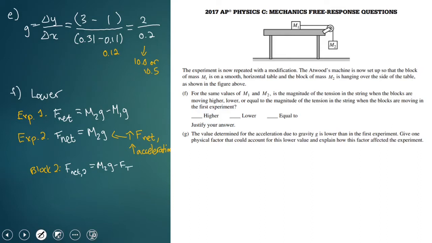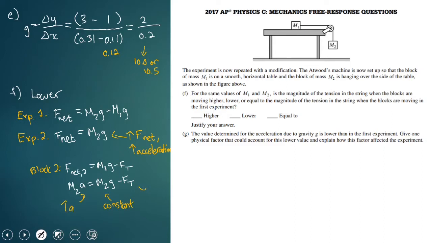So this is the same as the original, except now what we know is that M2A is equal to M2G minus Ft. Now M2G is a constant, and we know that our acceleration is increased.